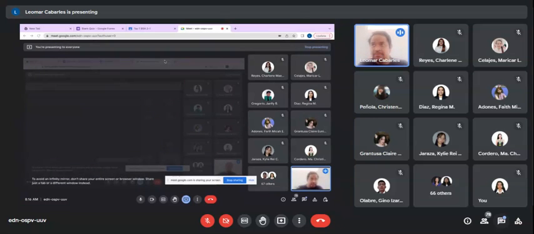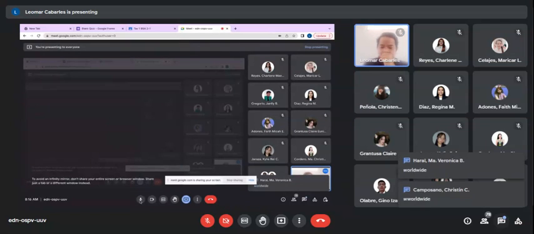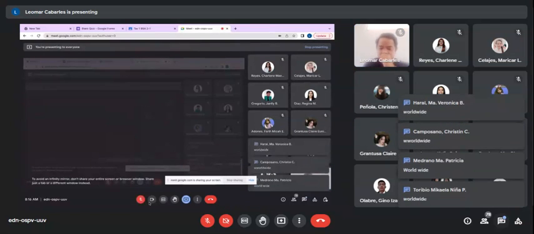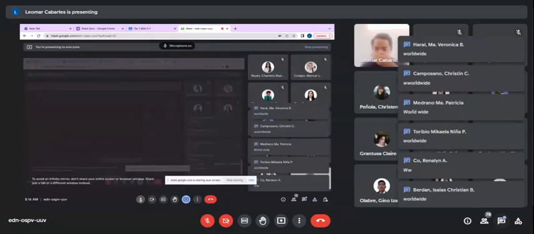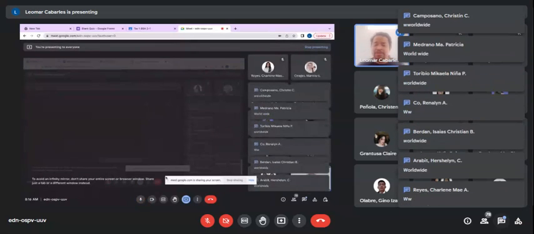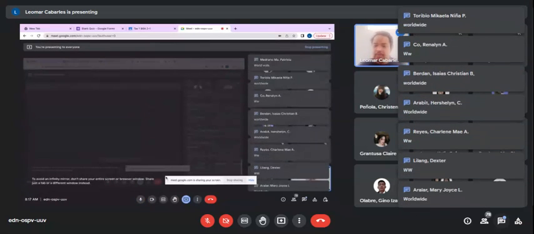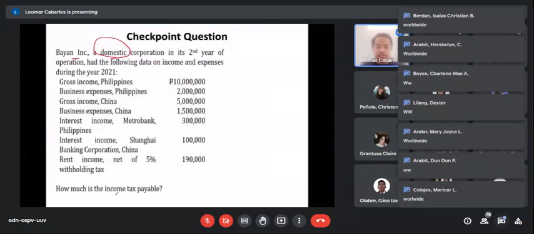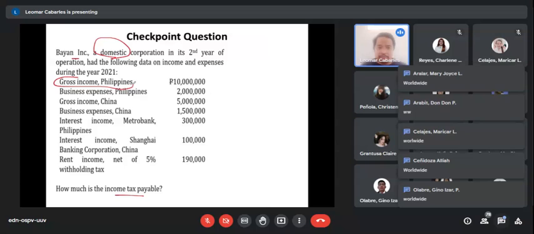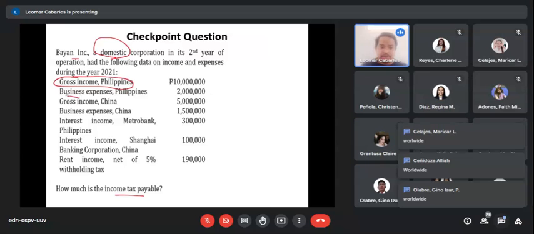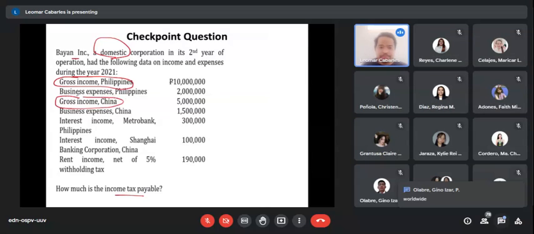Is it worldwide income or Philippine source only? So the taxation is worldwide. No? So we should include, to compute for income tax payable, not only the gross income from the Philippines, but also the gross income from China.